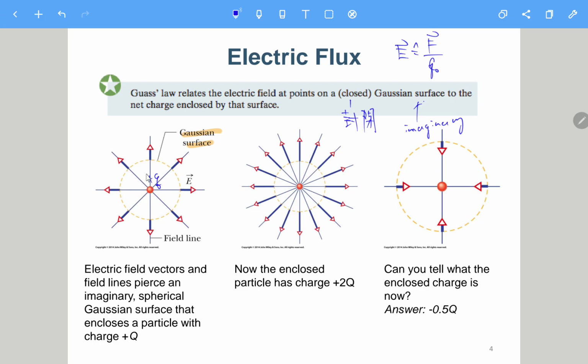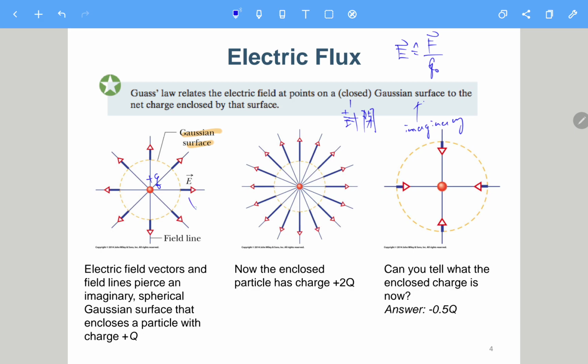So here, suppose we have a positive charge. We can see there are 8 arrows: 1, 2, 3, 4, 5, 6, 7, 8. 8 arrows going through this Gaussian surface, and the direction is going out. And here we can imagine this is an even stronger positive charge, and you can see there are 16 arrows pointing out.